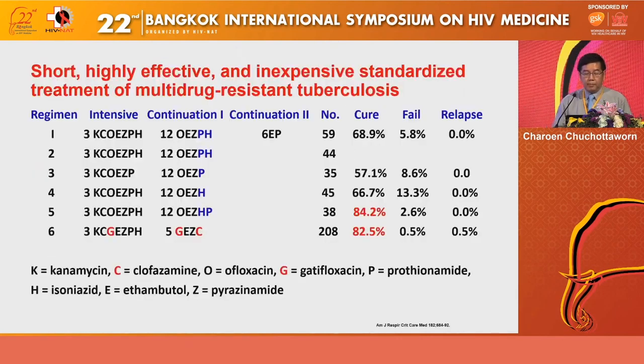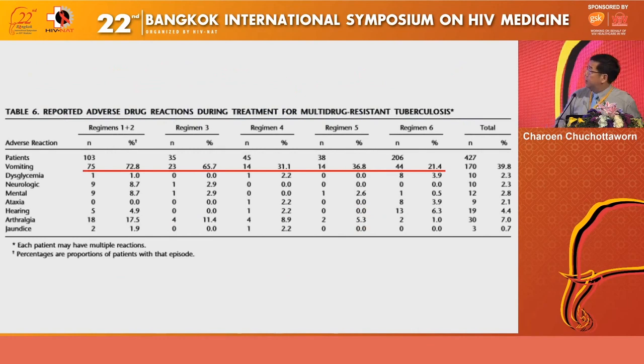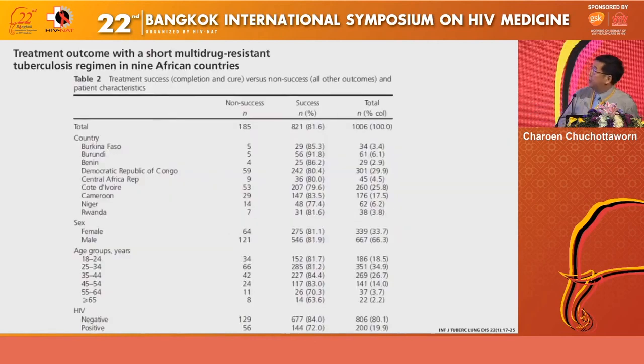In 2010, a paper published in the American Journal, the Blue Journal, from Professor Van Deun from Bangladesh, showed that this 9-month regimen with these drugs can get a success rate of 82% in the study. The nickname of this regimen is the Bangladesh regimen, so 82%. And also, we can get a very low side effect rate, only 21% compared to other regimens.